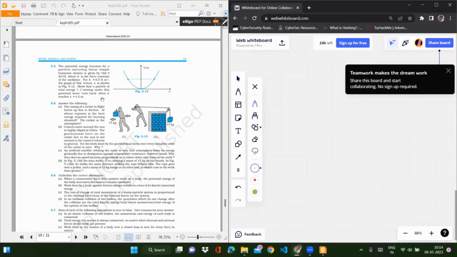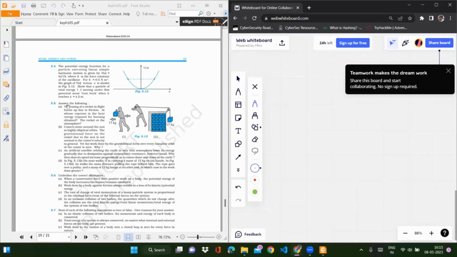So it is told in this question that a rocket is in its flight and it burns up due to friction, means in the atmosphere it is flying and due to friction it burns up. As it is burning, heat energy is released, and it is asked at whose expense this heat energy is coming, whether it is the rocket or the atmosphere.